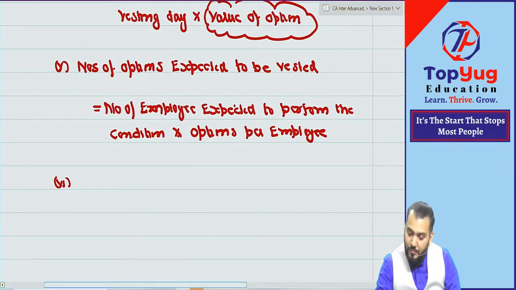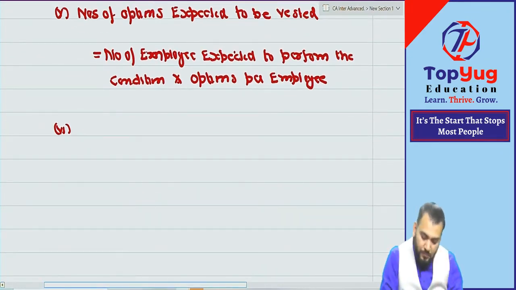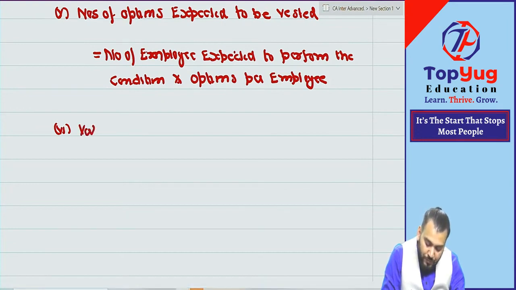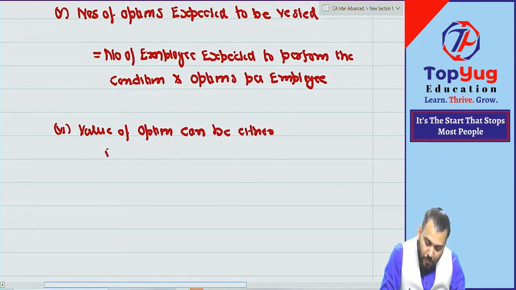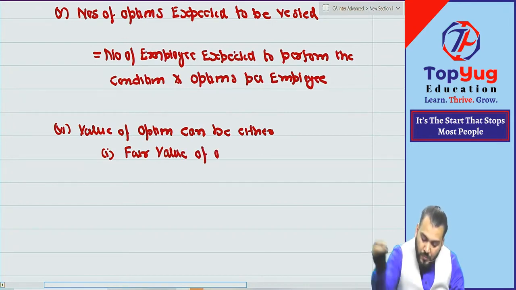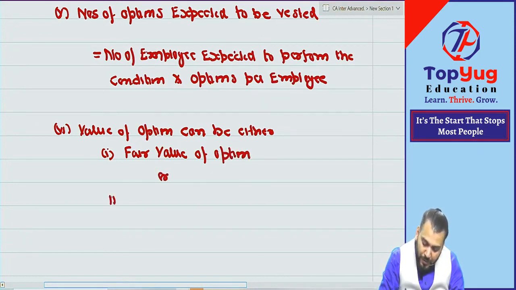But now write down: value of options can be either point number one, fair value of options, or point number two, intrinsic value of options.